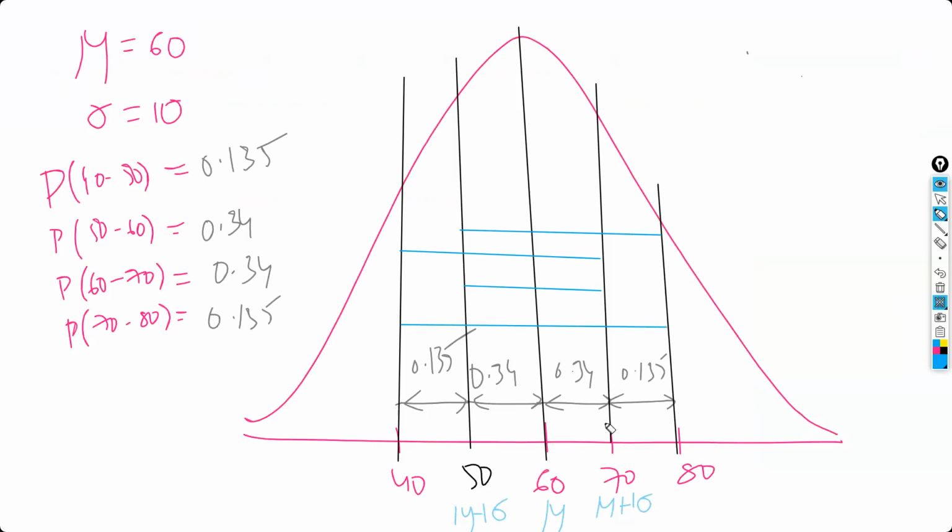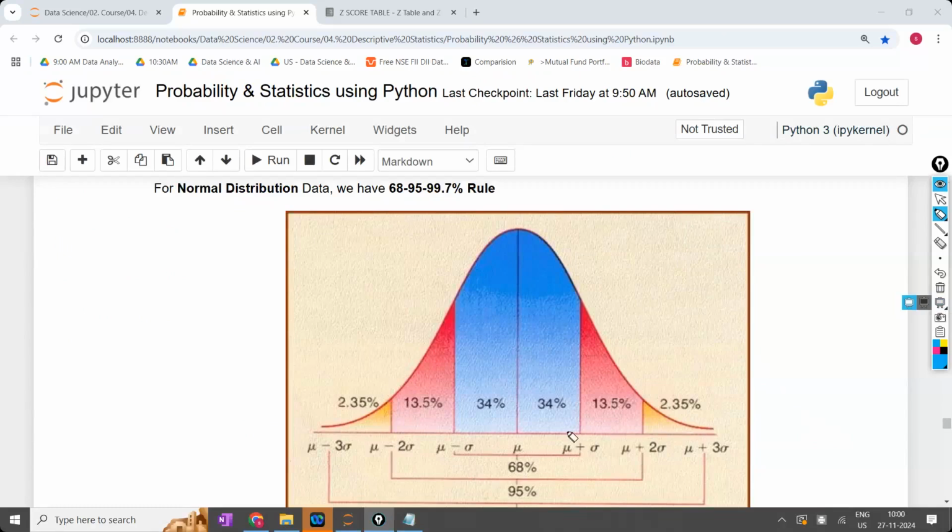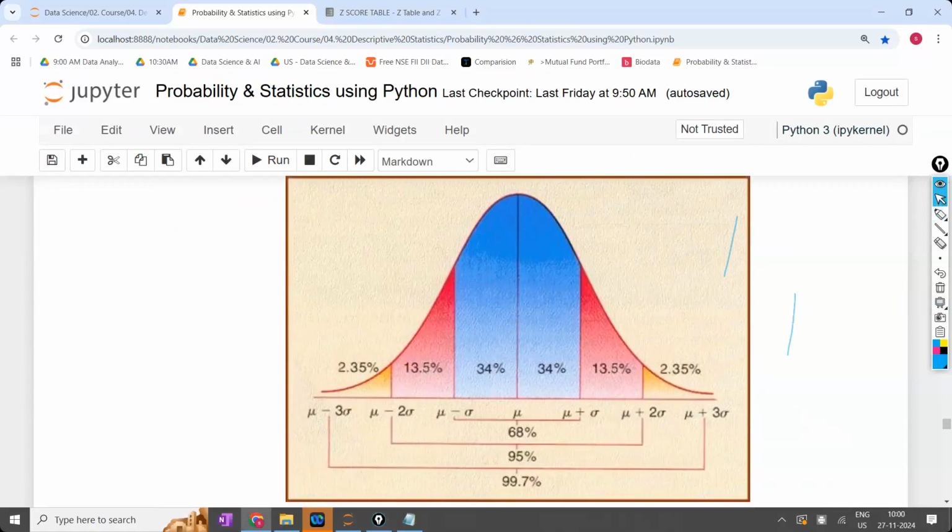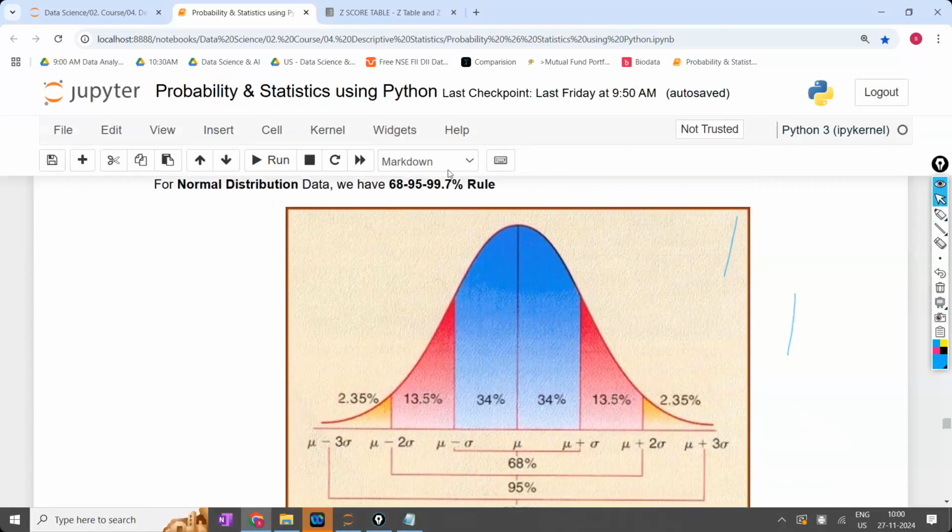Out of 68, half is on the right side, half is on the left side. Is the point clear, guys? Everyone? Same. From minus sigma to plus sigma, it is 68. From minus 2 sigma to plus 2 sigma, it is 95. Similarly, from minus 3 sigma to plus 3 sigma, it is 99.7%. So it is called the 68, 95, 99.7 rule.